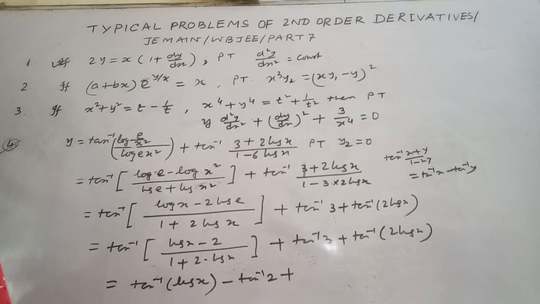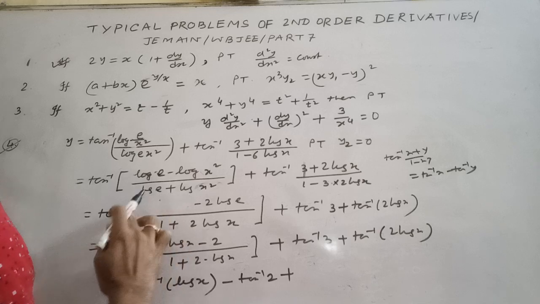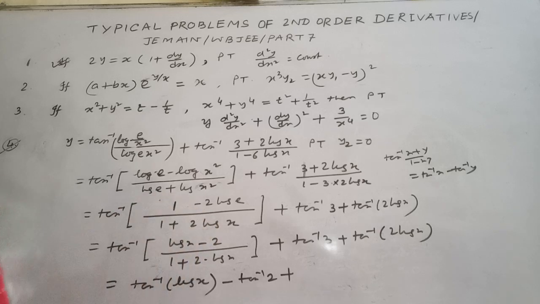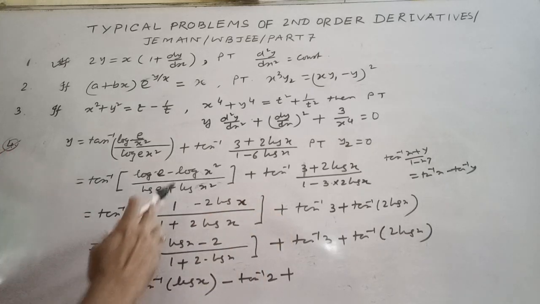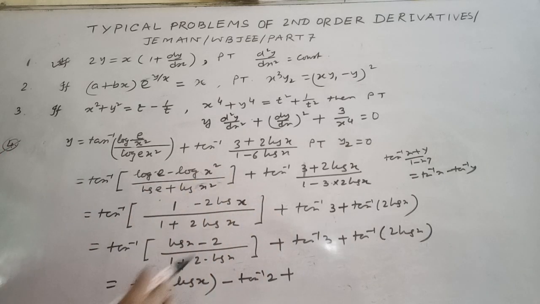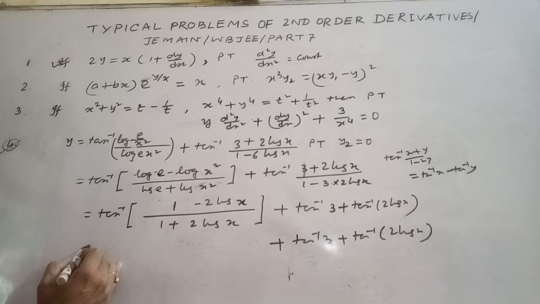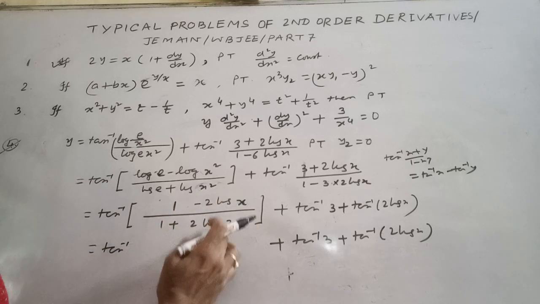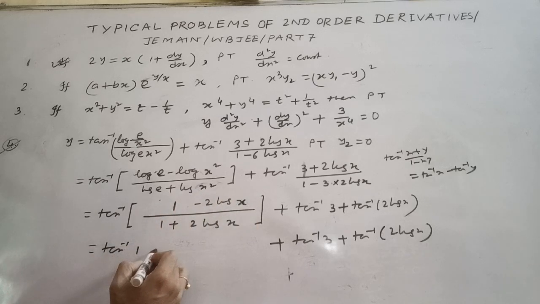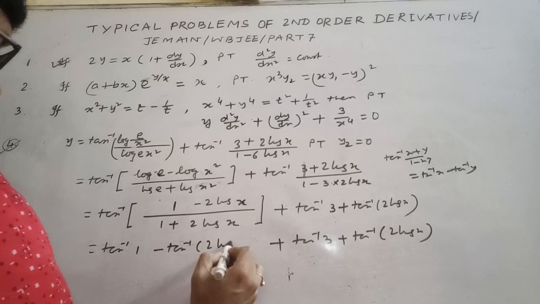Ratio of log, so this is a difference of logs. What is log e? Log e is 1, minus 2 log x. So x minus y by 1 plus xy. So this is tan inverse 1 minus tan inverse 2 log x.